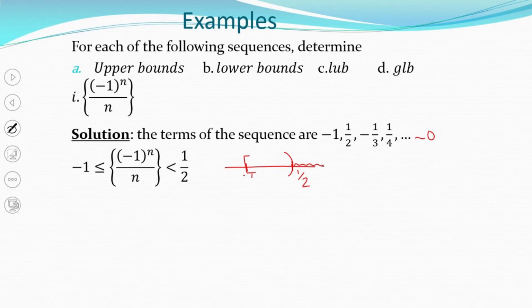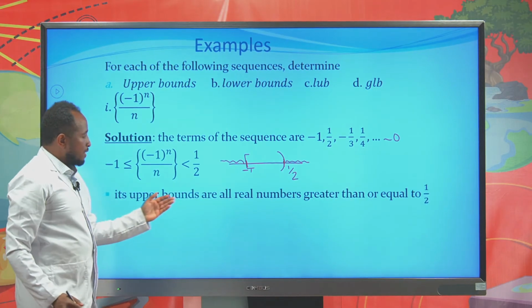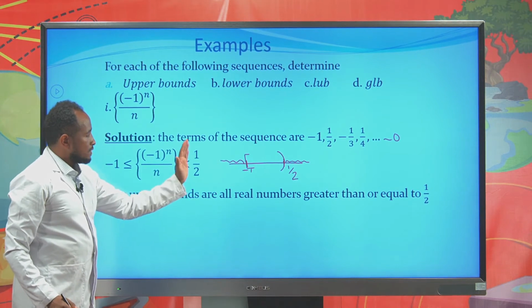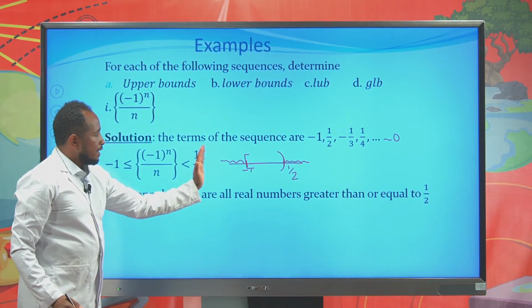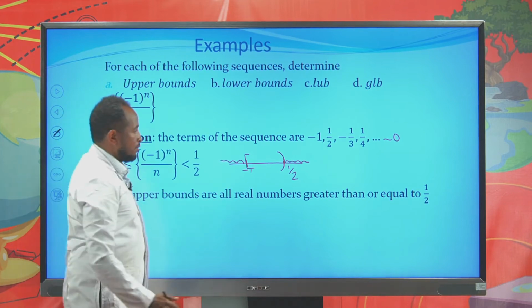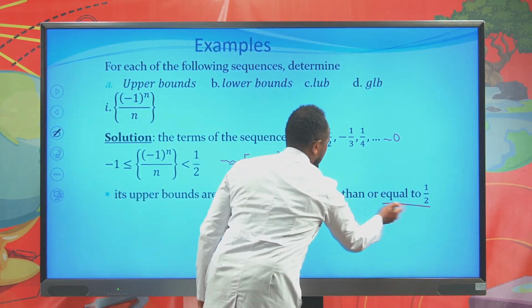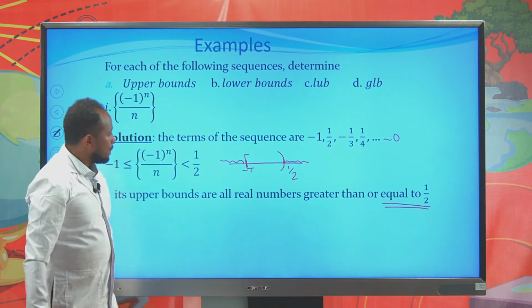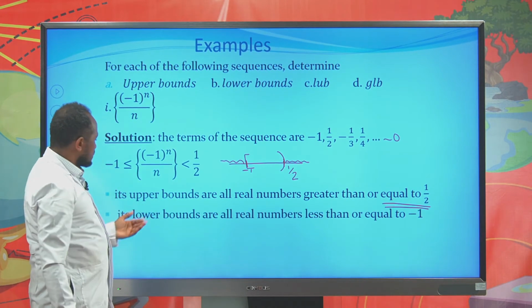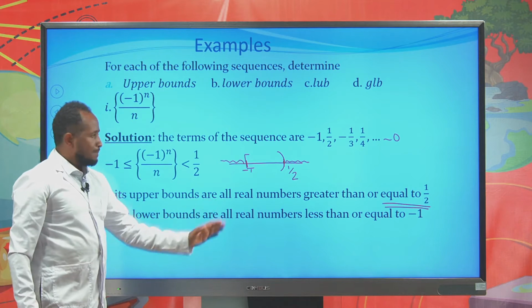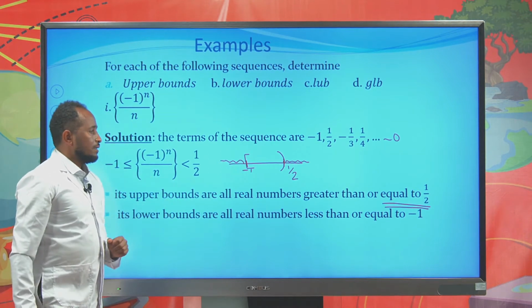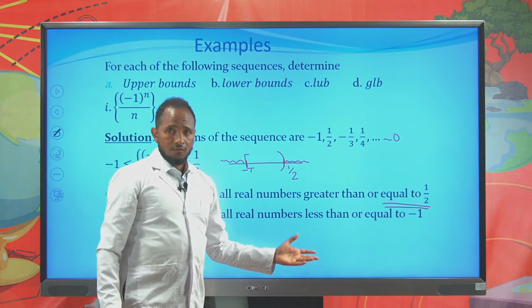And any number less than or equal to -1 is a lower bound of this sequence. So the upper bounds of this sequence are numbers which are greater than or equal to 1/2. And its lower bounds are all real numbers which are less than or equal to -1.